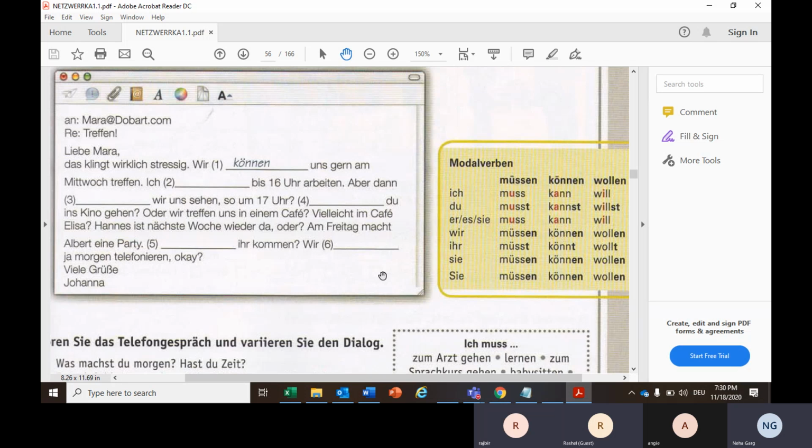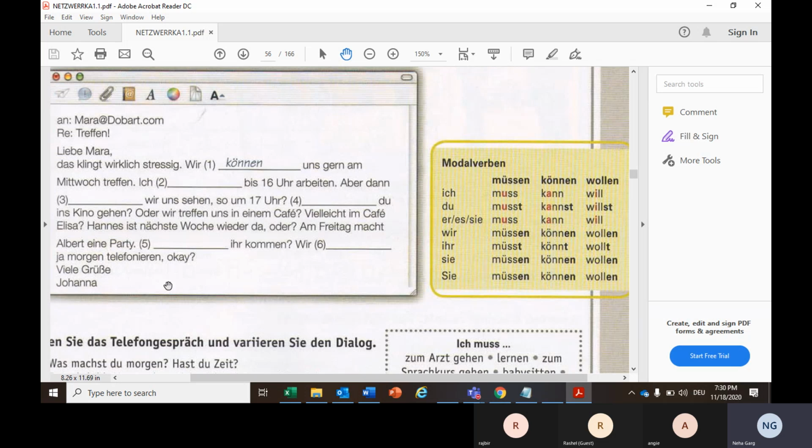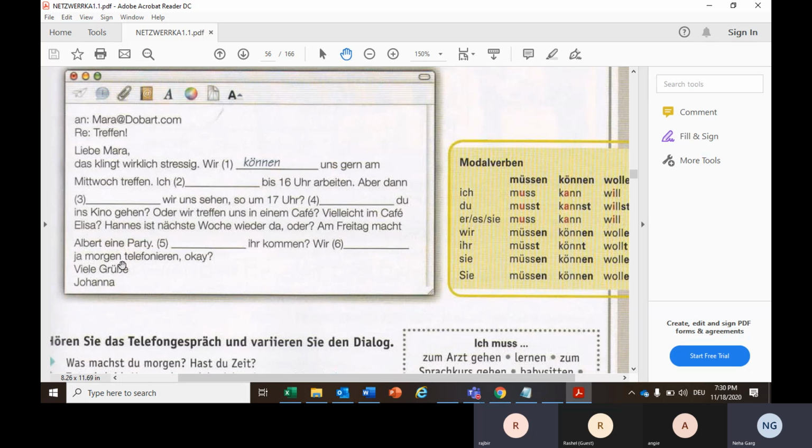Just a second. Where? Where Musen? Via können. Yeah, Morgan telephone. Okay, so we can call. Yeah, können. Sorry. Yeah, Morgen telephone.